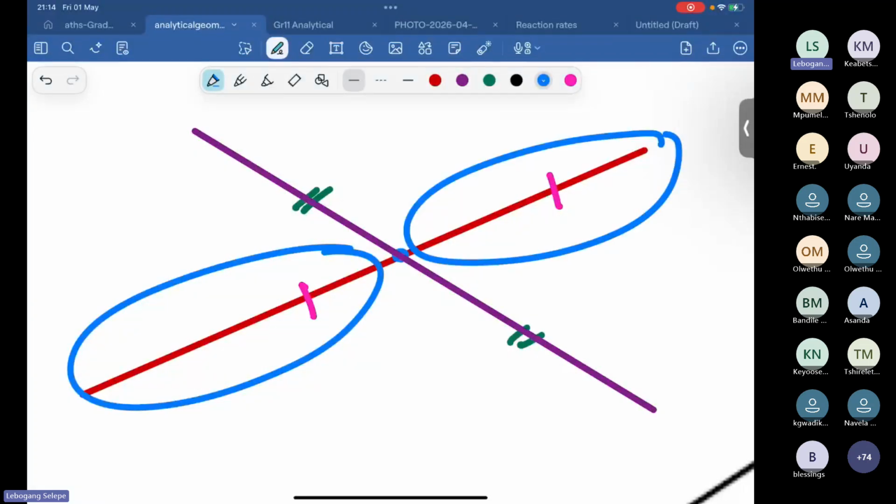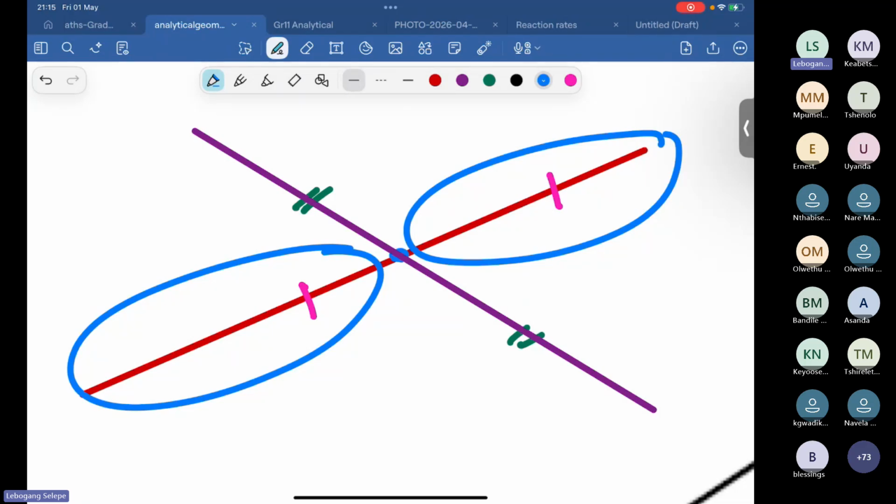That automatically tells you that this point is also the midpoint of the other line. So the conclusion is that for 2 lines to cut each other in half, they must have the same midpoint. Because if they have the same midpoint, then these 2 lines are bisecting each other.